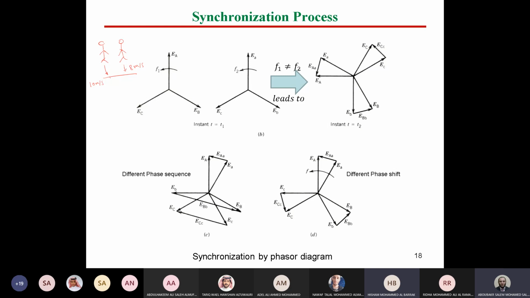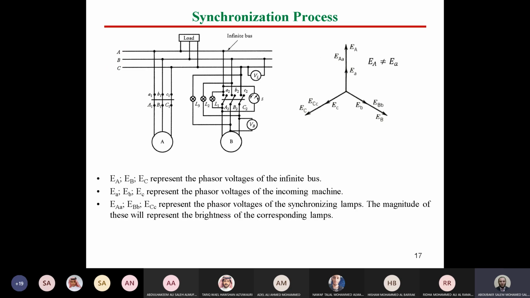And why do we put this condition for the phase sequence? We put this condition because it happens in our grid. If you would like to connect the generators together, and we said only voltage, frequency, and sequence, you have a frequency meter. You can find the frequency of the generator and the frequency of the grid are similar values, 50 or 60 hertz. You can find that the line voltage of the generator equals the line voltage of the grid.